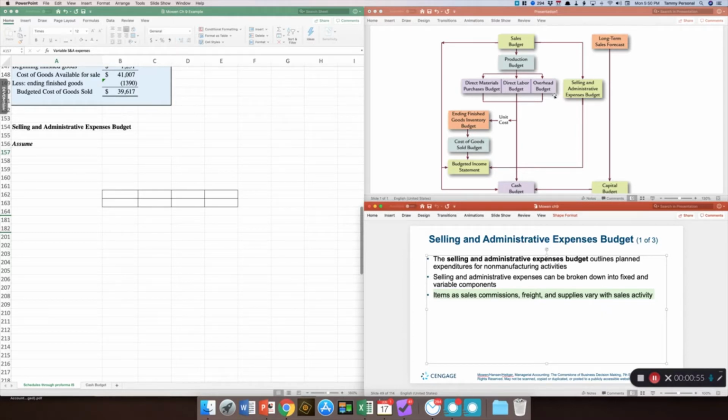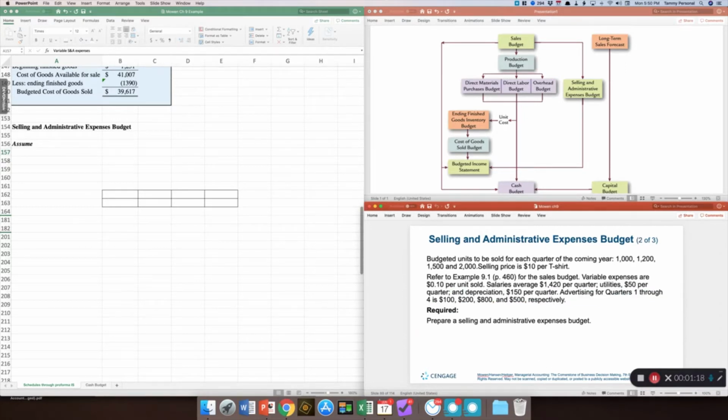So our variable overhead, as you remember, our manufacturing overhead varied with the level of labor hours we were using. On the selling and administrative side, our variable expenses will vary with the level of sales. Okay, this will become a little bit more clear when we look at some of our example.